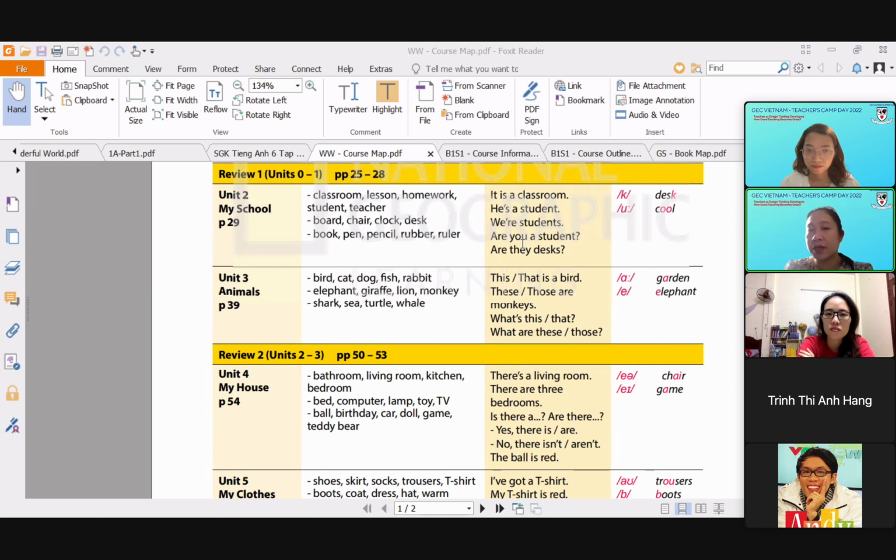It's a very personal habit of mine when I look at a course map or course outline or a map of the book. I normally see the table of contents like this, and then I imagine how teachers can teach based on this content, how the student can learn from it.